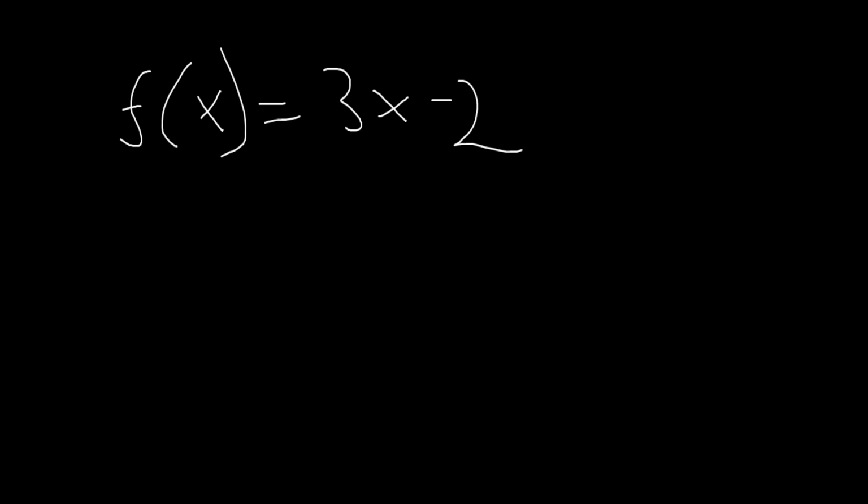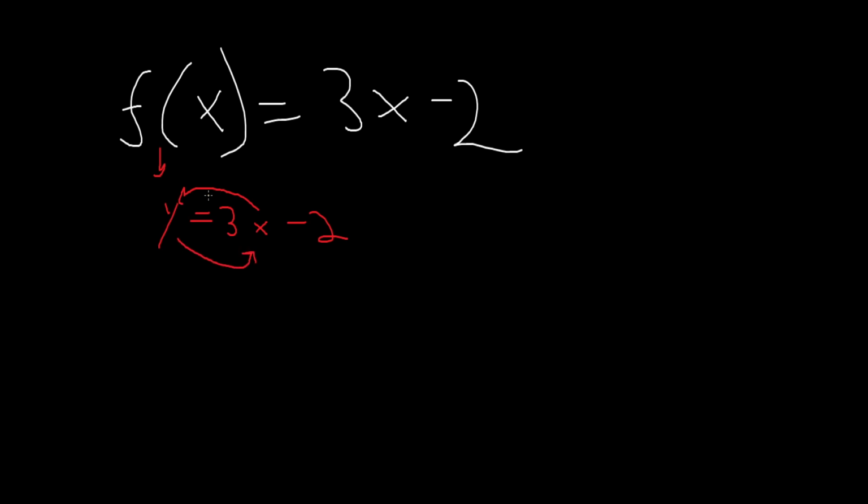Now that we have an idea of what our goal is, let's look at how we actually do this. We're going to start by changing this f to a y. So y equals 3x minus 2. Then we're going to do that thing we did when we were looking for the range: we're going to switch the x value and the y value.